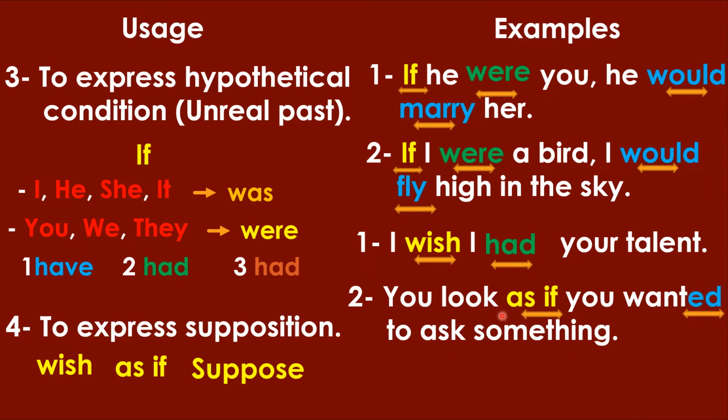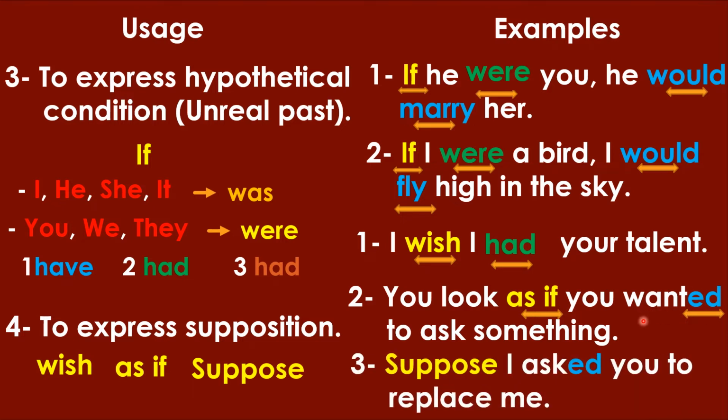So here, because of as if, we don't say you want, we say you wanted. Wanted is the past form of the verb want. We used the simple past: want is a regular verb, so we add ed, and we don't use the present. Let's have a look at a third example.